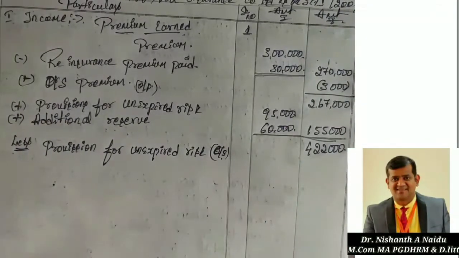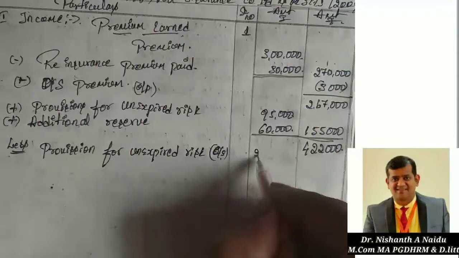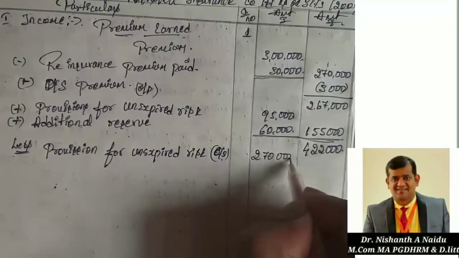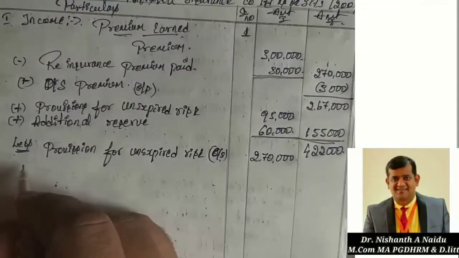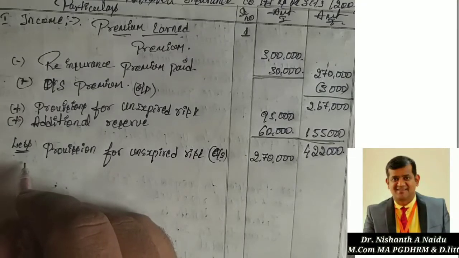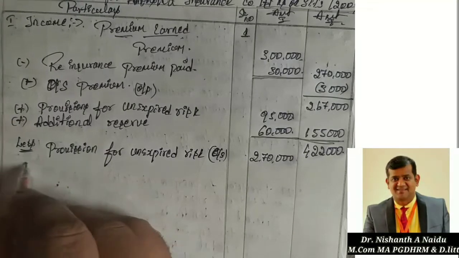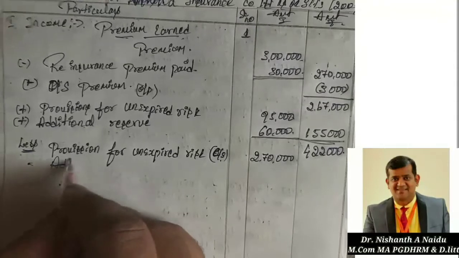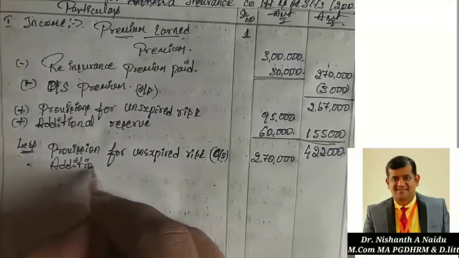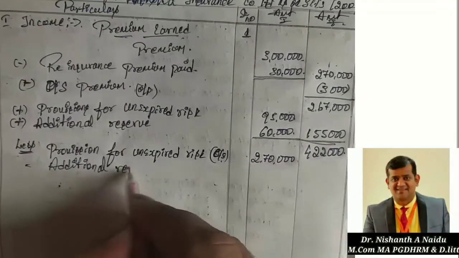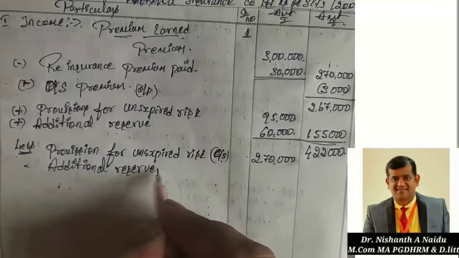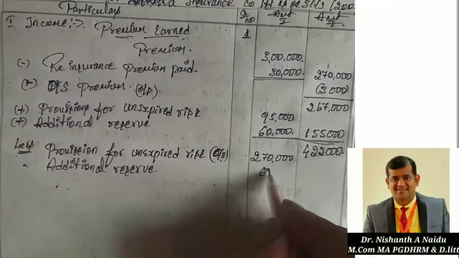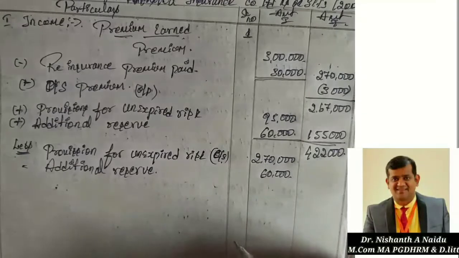So 100% in the sense, I have to take the entire 2,70,000 rupees. Then what we have to add? Additional reserves. Additional reserve, how much he has given in the opening, the same thing we have to copy to the closing. So that is 60,000 rupees.